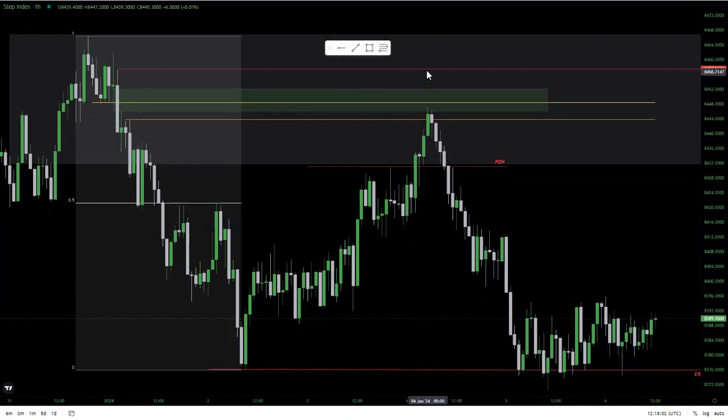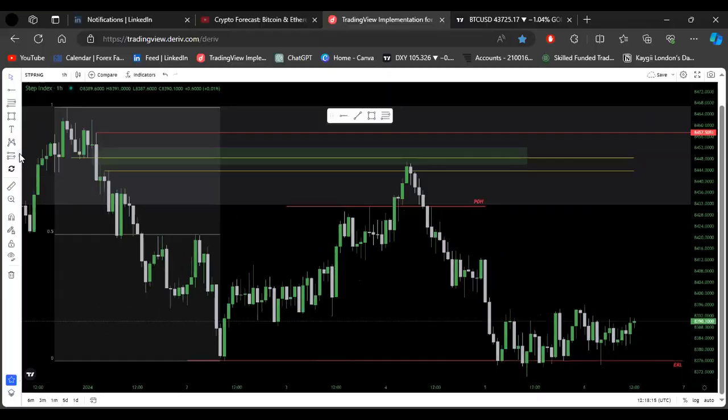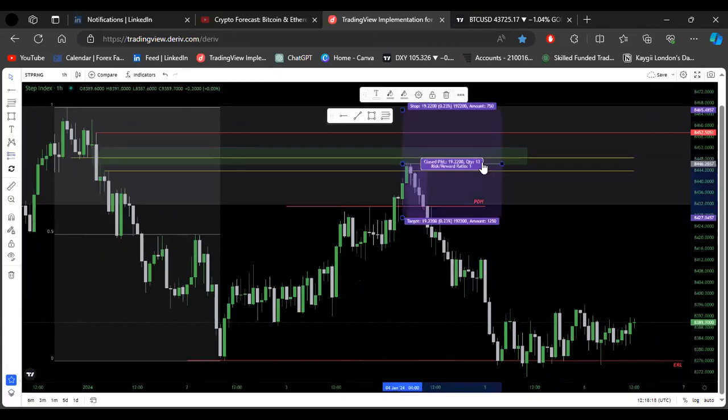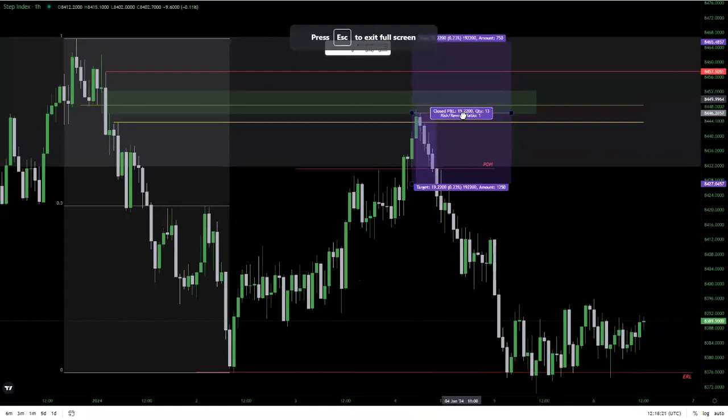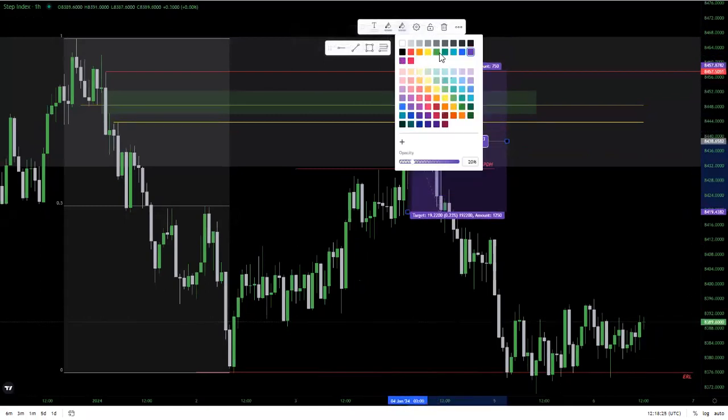If I'm risking all this, this is the risk that I'm willing to put up. But look at the reward, look at the downside. I'll grab the risk to reward tool. Wow, these are colors. Let me change the colors real quick.